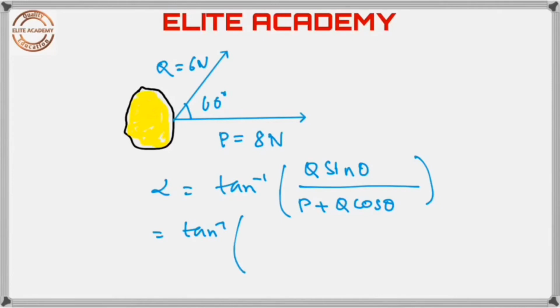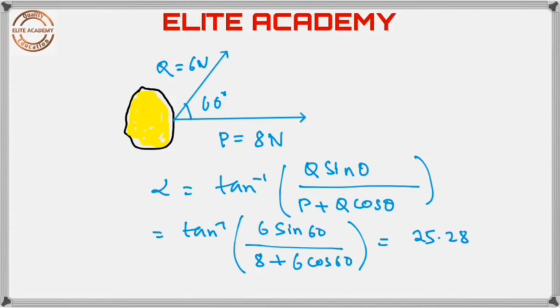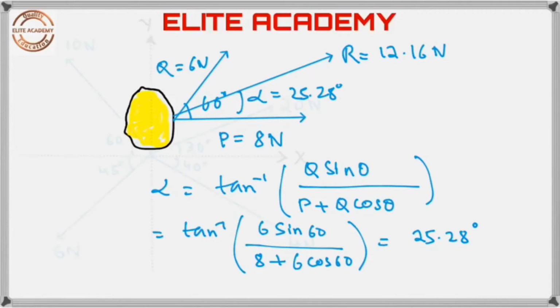So alpha is equal to tan inverse, that is 6 sin 60 degrees upon 8 plus 6 cos 60 degrees. If we calculate, we get 25.28 degrees. This is the direction of the resultant. Finally, we found the magnitude of the resultant R is equal to 12.16 newtons, and at the same time the direction of the resultant alpha is equal to 25.28 degrees.